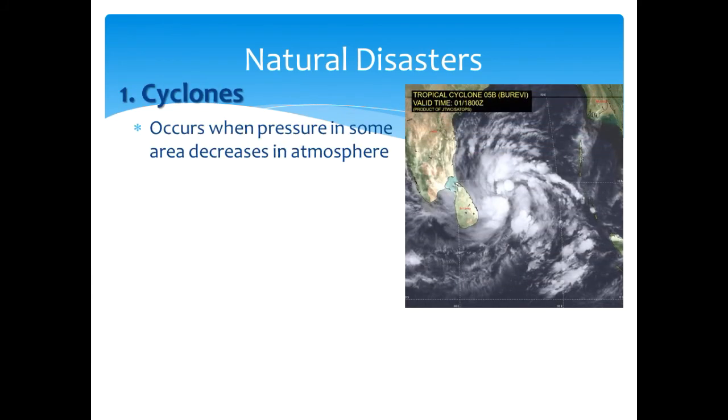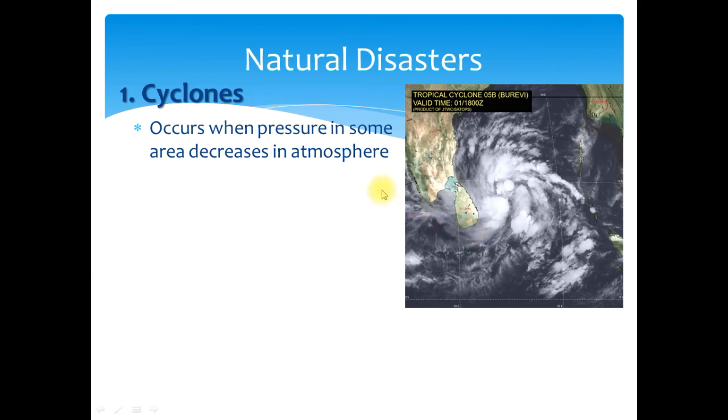Natural disasters. There are several natural disasters that occur due to climatic changes in our country. Let's see them one by one. Cyclones. You may be familiar with the cyclone Burevi in recent days.